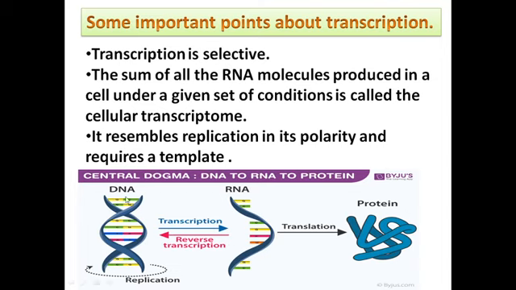Then it also requires a template, as in DNA synthesis you have seen that the daughter strands take the complementary bases. If there is adenine on the parent strand, opposite to it on the daughter strand we will have thymine. Then if we have guanine, opposite to it we will have cytosine. Likewise, if we have cytosine here, opposite to it will be guanine. So one of the strands is required as template.